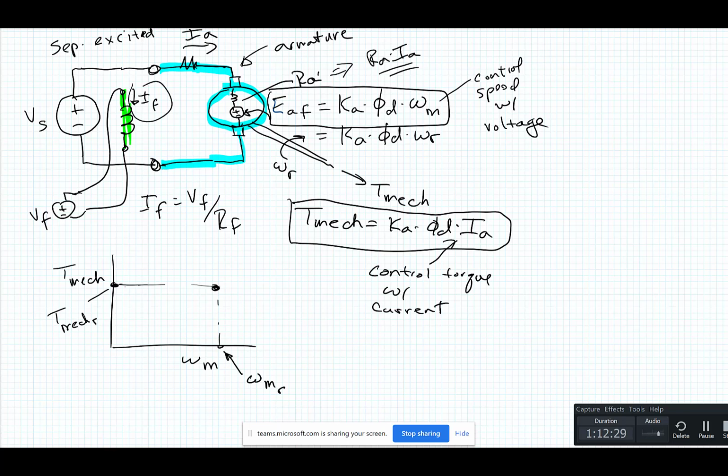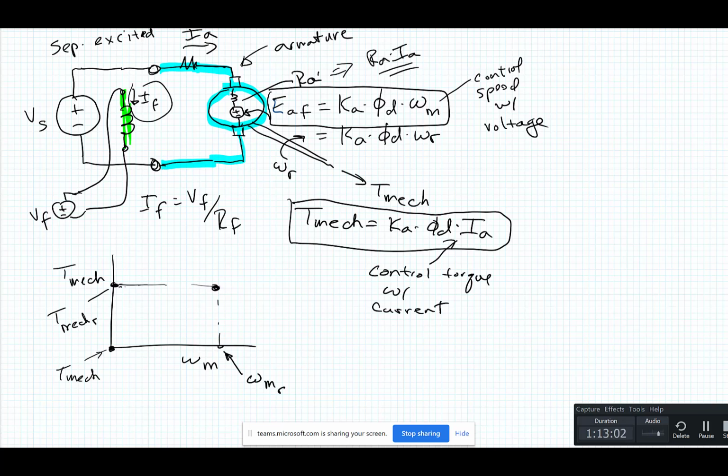Let's see here for a second, thinking about what it's going to look like. It's almost a flat line. So this is zero torque. I draw more current holding the field constant.